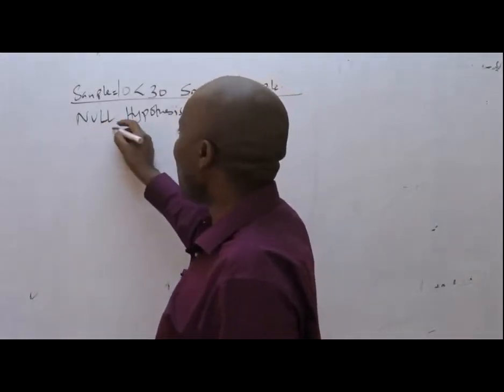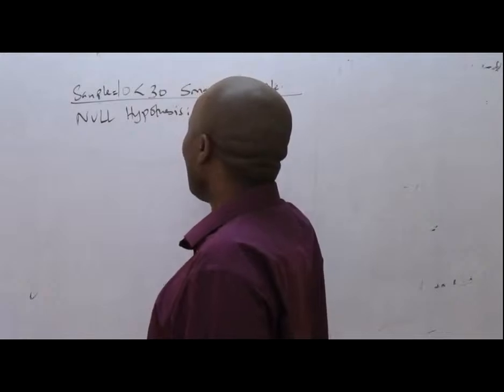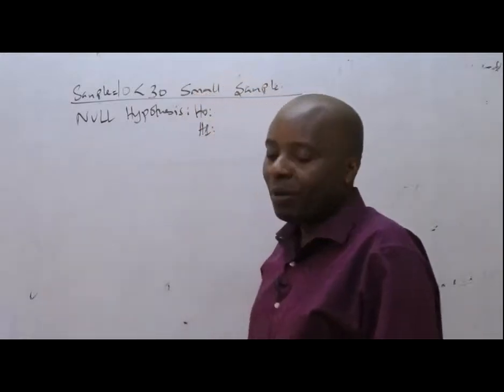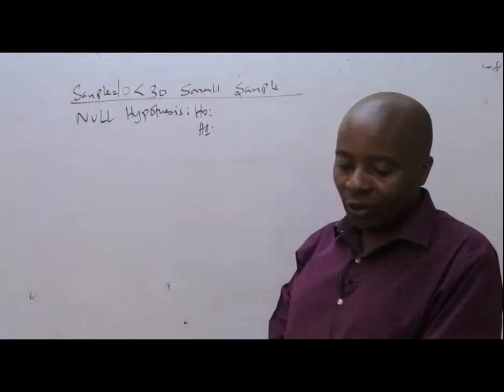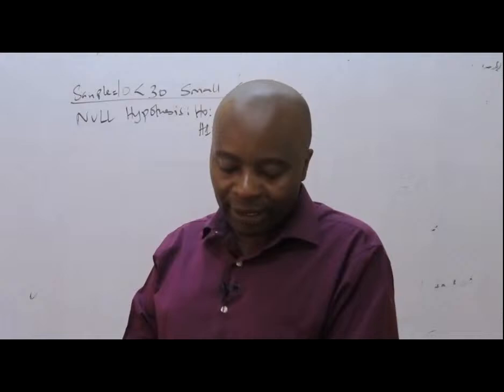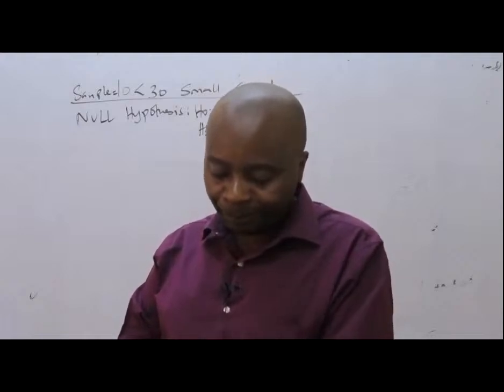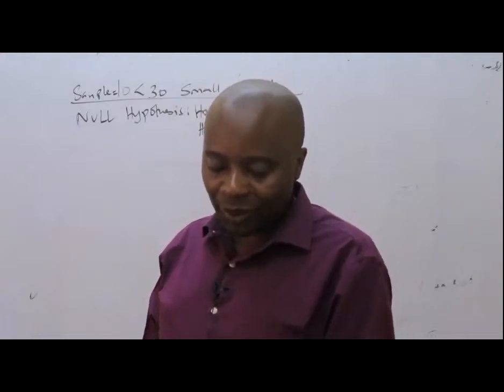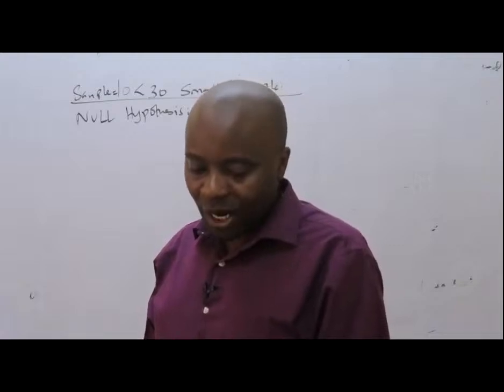And then of course we have our alternative hypothesis, which I would want to see whether there is anybody who will be able to put down very easily. Could you kindly try putting down those easily? What is a null hypothesis? What is the alternative hypothesis? Just try, we see.